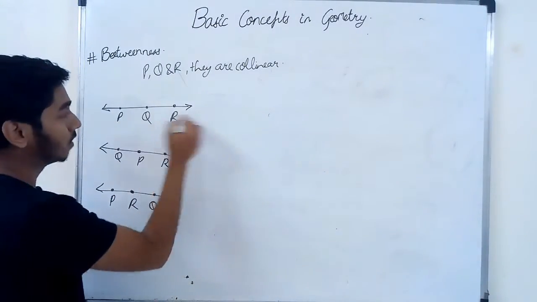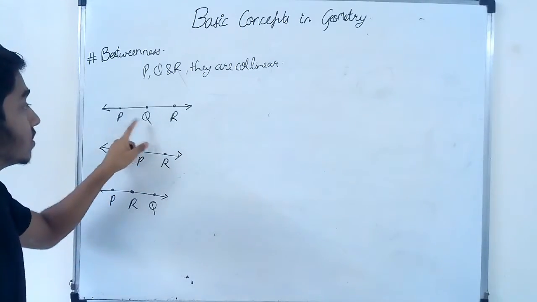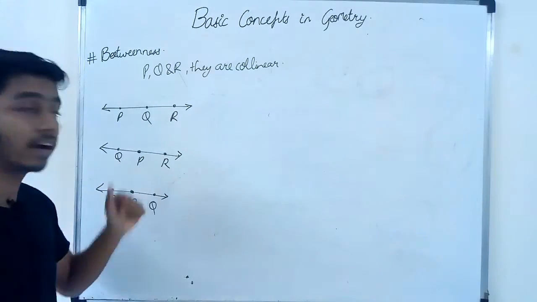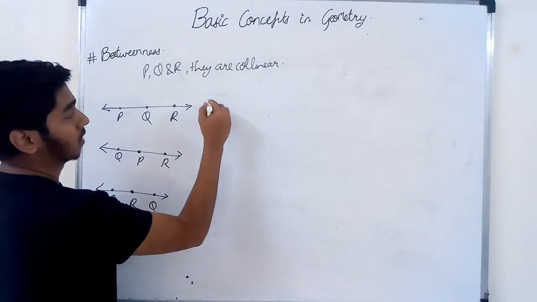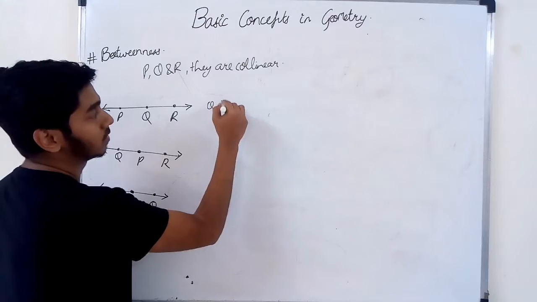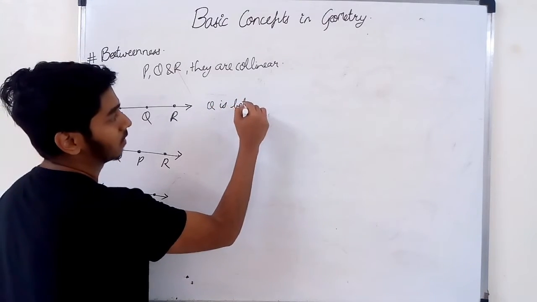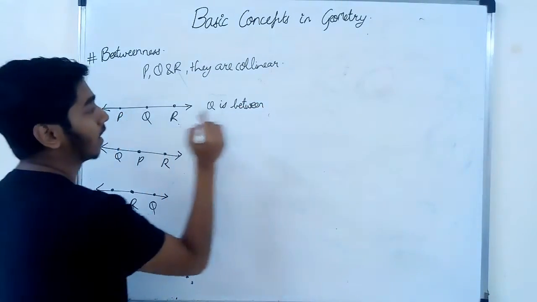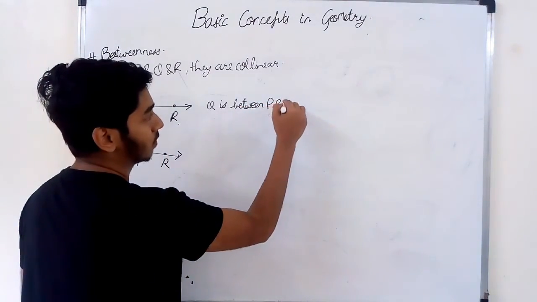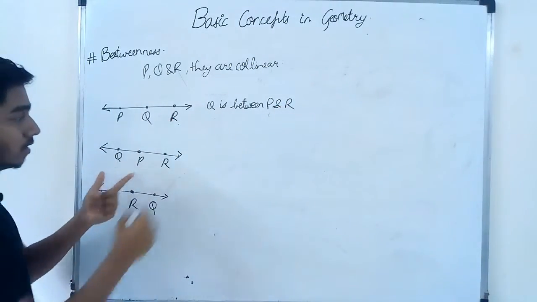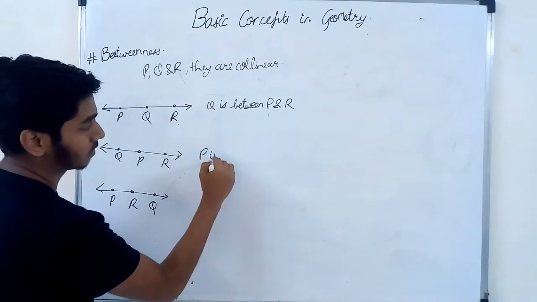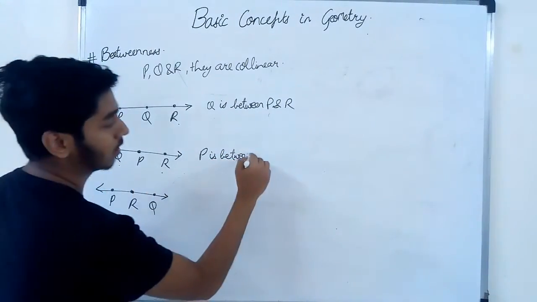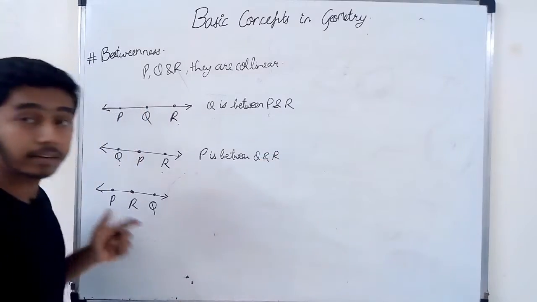And here in this, if you see, Q is in between P and R, correct? Here in this, P is in between Q and R. So let's write them. Q is between P and R. Now here in this, P is between Q and R, correct?